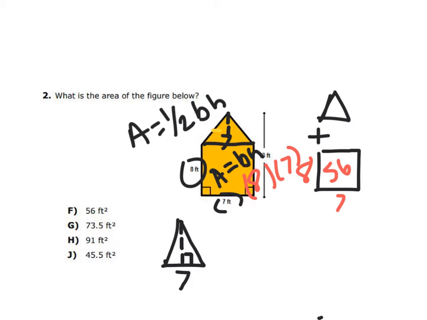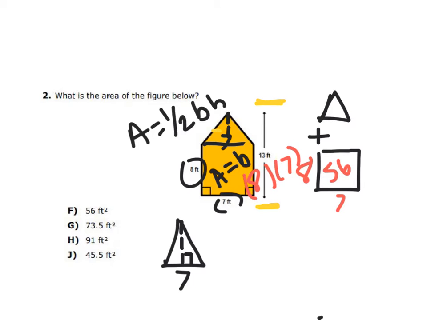So what we need to do is determine, well, what can we use to help me figure out that? Now if we look over here, let me erase this. Okay. We see that the measurement of the whole shape from top to bottom is 13.